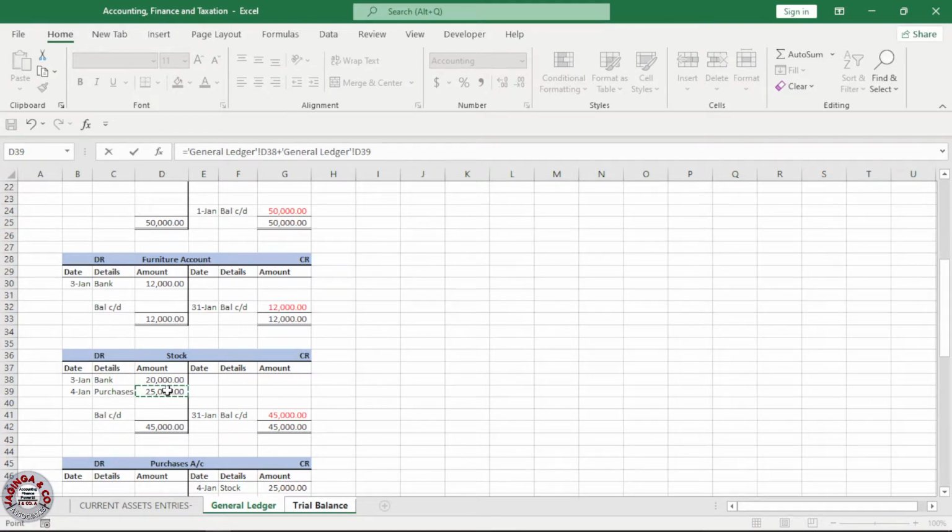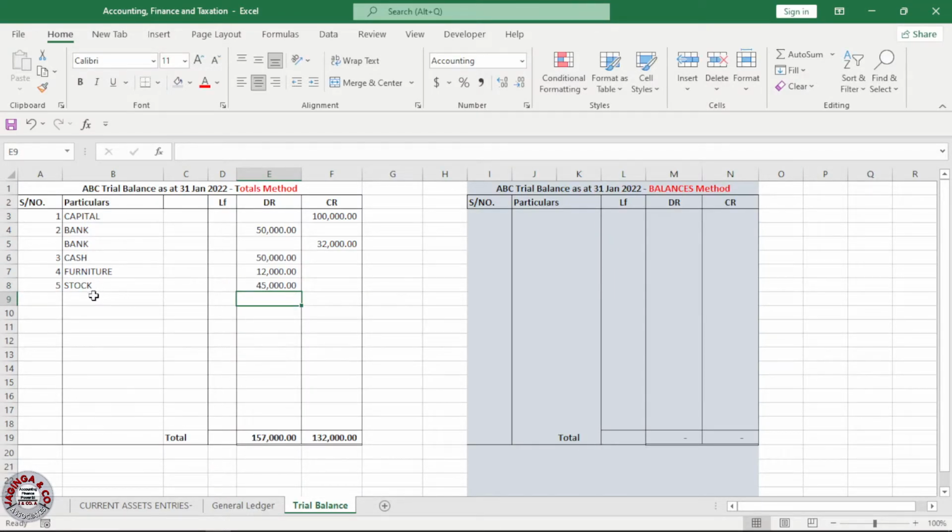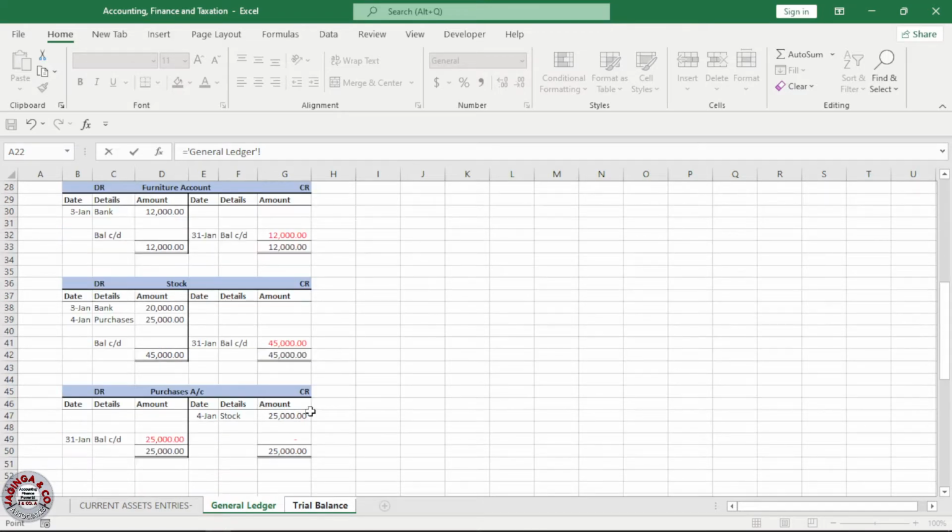So we'll transfer 45,000. Then the sixth one we have purchases. In purchases we only have one total, from the credit side, which is 25,000.